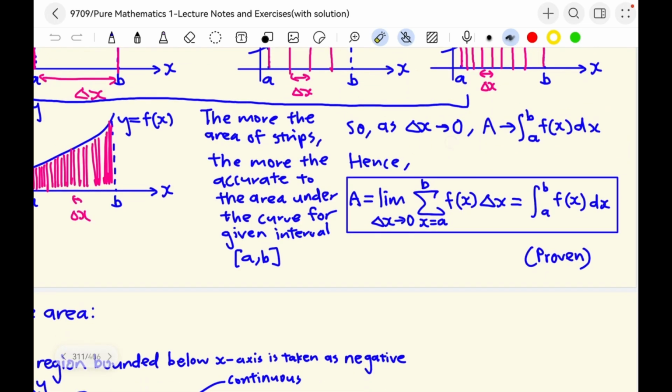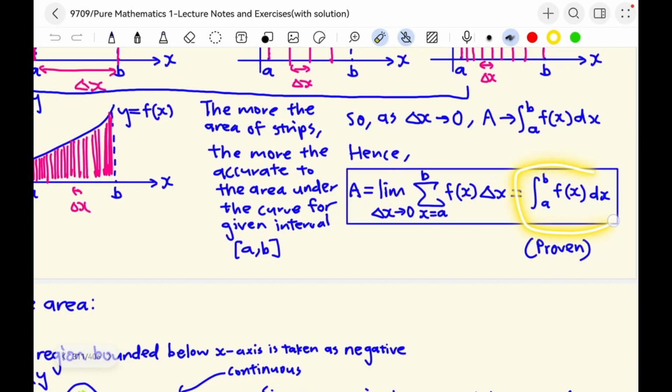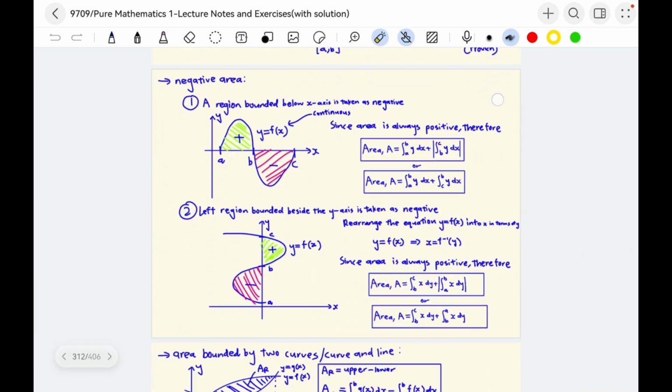Hence, the area under the curve is equal to the summation of f(x) times delta x, the change of x, from a to b, and then this summation is taken in the limit as delta x goes to 0 to get the integral of f(x) from a to b. So therefore, proven.